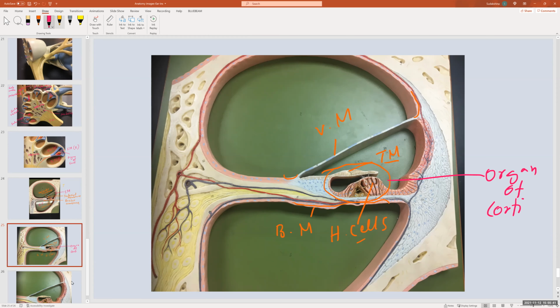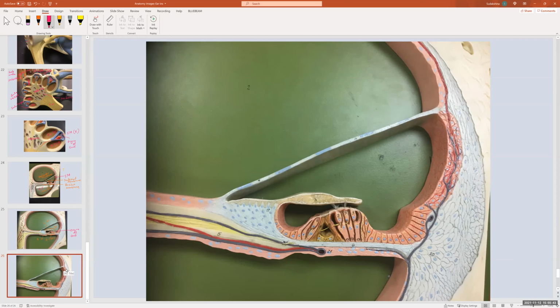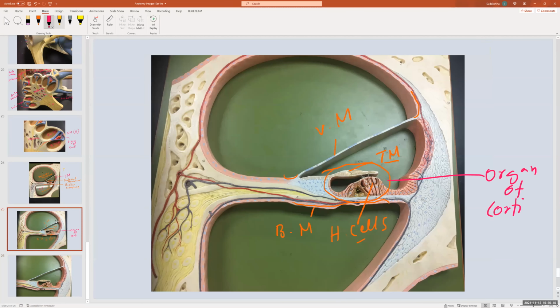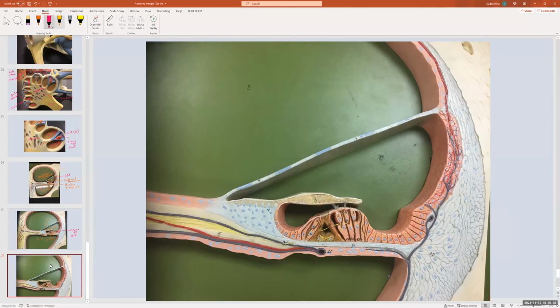So same thing here, even further magnified. Scala vestibuli, scala tympani, this has perilymph, this has perilymph, scala media with endolymph. Within the scala media lies the entire structure, the organ of Corti.